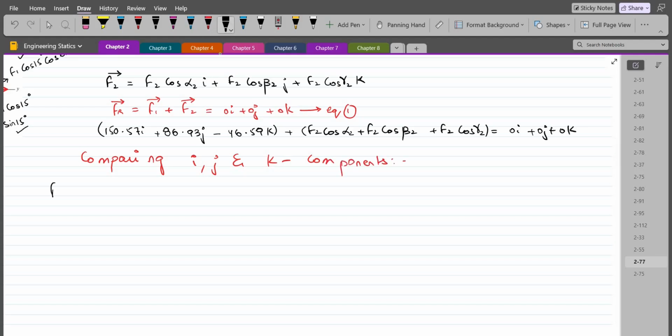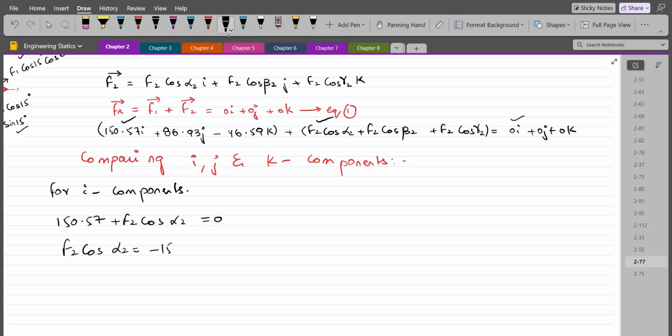For the i component, we have 150.57 plus F2 cos alpha 2 equals 0. If I rearrange this equation, it can be written as F2 cos alpha 2 equals negative 150.57.